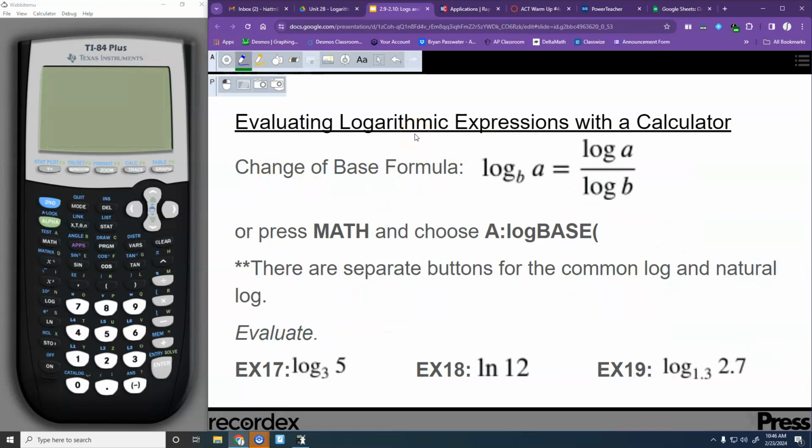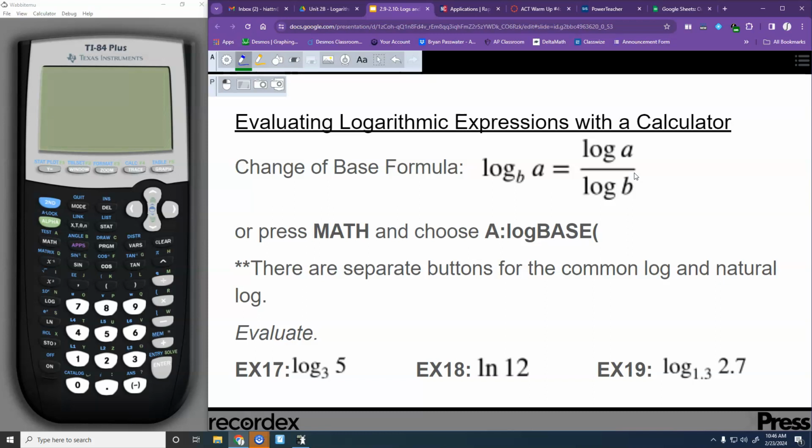So you got 2 options for how to type these into the calculator. The first thing that you can use is called the change of base formula. These calculators used to not do a different base, and you had to do the log A over log B. So this is what I always do because it's what I did for a long time. Plus, I think it's a little easier to remember how to type it in if you just know the formula.